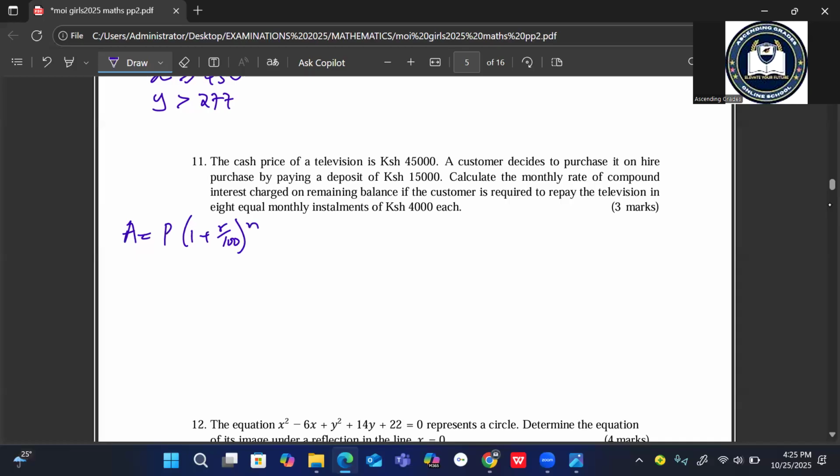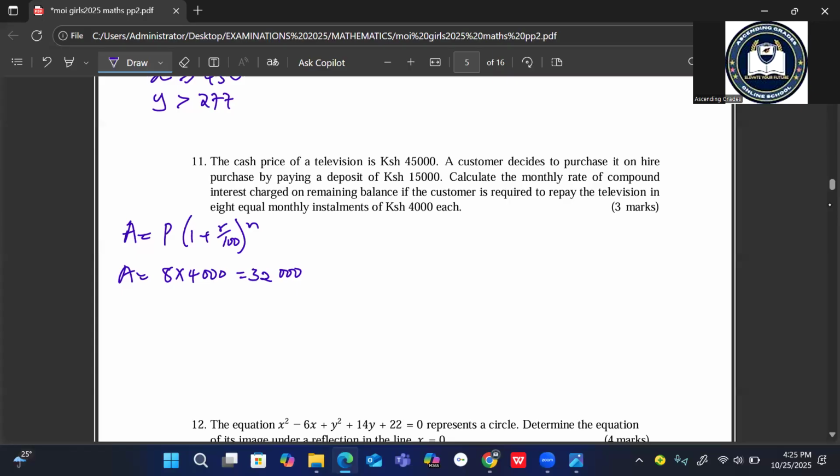So the amount is equal to 8 months times 4,000 each month. So that is equivalent to 32,000. In those 8 remaining months, you're going to pay 32,000.